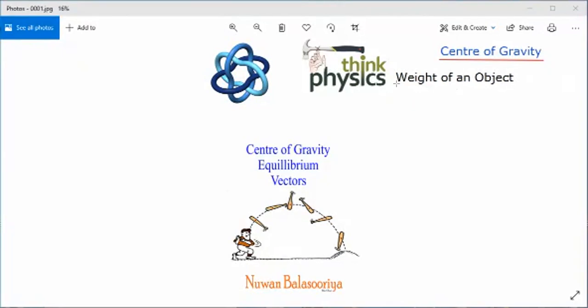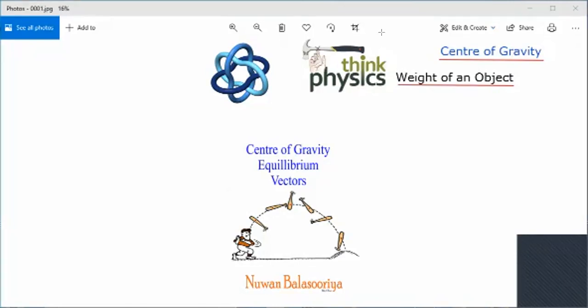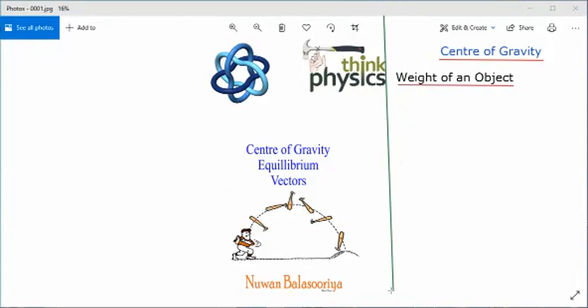Under that, please write: the earth applies a vertically downward force on each object, comma, when objects are closer to the earth. Full stop.